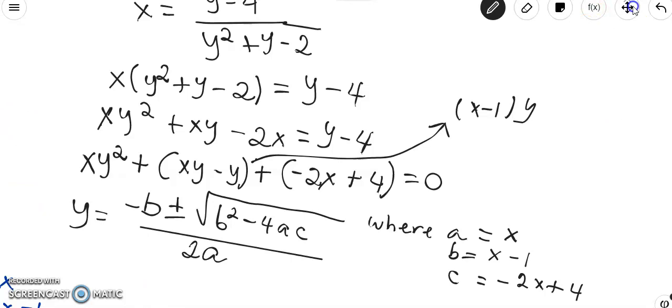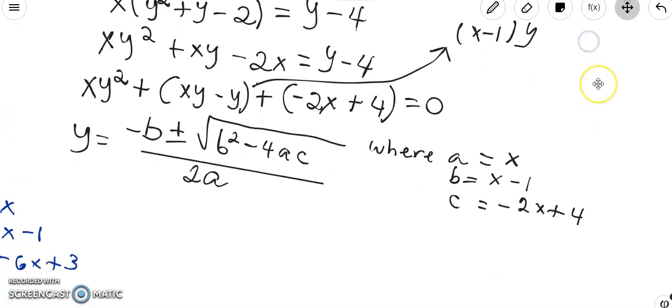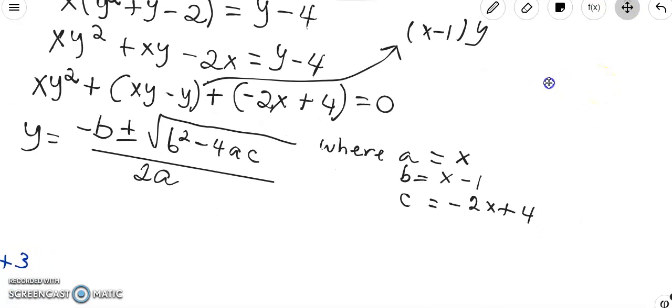So, mag-focus tayo sa expression na nasa loob ng square root. Ang gusto natin mangyari, dapat ang nasa loob ng square root ay non-negative. Kasi pag naging negative ang expression na nasa loob ng square root, magiging imaginary number ang y.